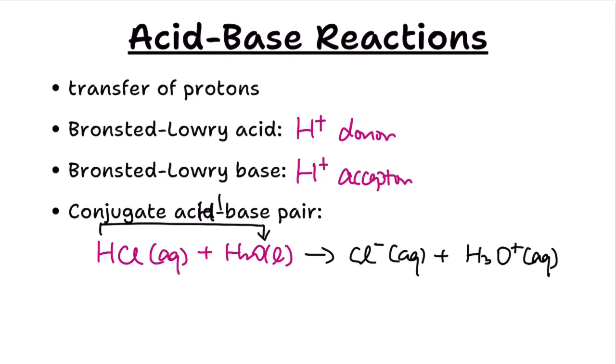So obviously, the hydrochloric acid has donated a proton. So this is considered the Bronsted-Lowry acid in this acid-base reaction. And once it has lost the proton, we call the chloride ion the conjugate base of hydrochloric acid. And the water molecule H2O is the Bronsted-Lowry base because it accepts the proton. And once it accepts the proton and becomes hydronium ion, we call it the conjugate acid of water.